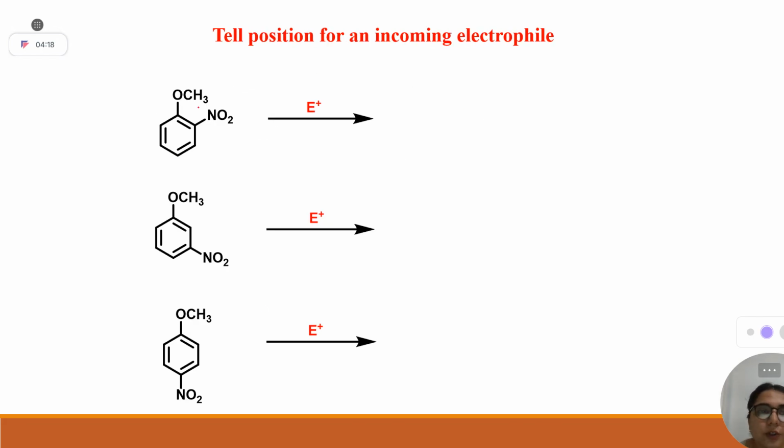So, who is going to tell me the answer of the first? Tell me where the incoming electrophile will come among these four possible positions. Take your time. Second position.